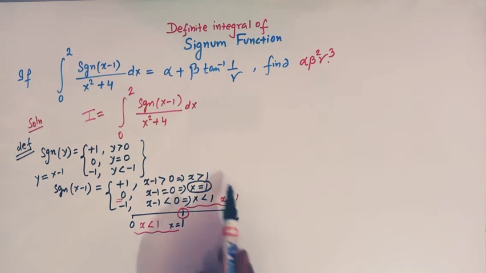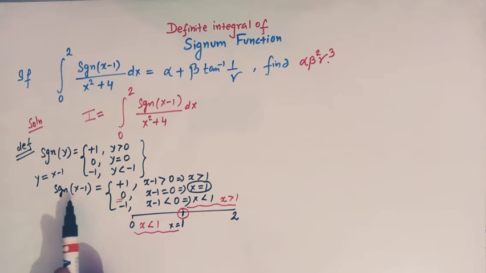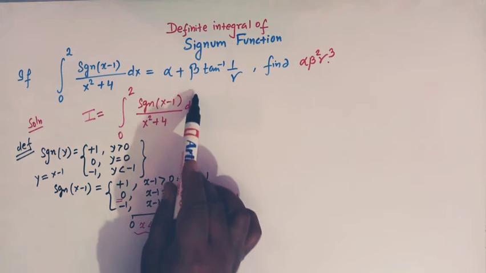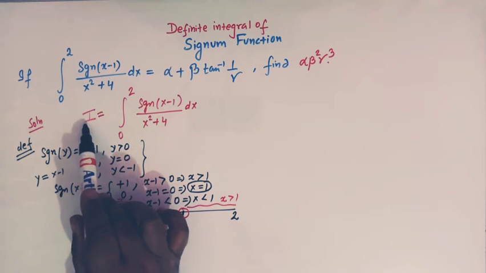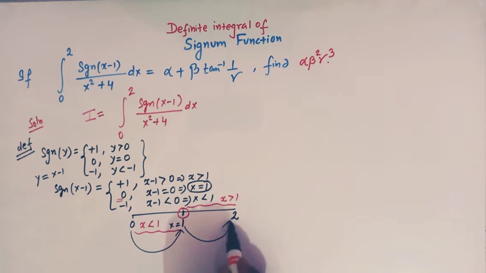Now that we have discussed the definition of the signum function, we can break this integral I as a sum of two integrals: the first one from 0 to 1 and the other one from 1 to 2.